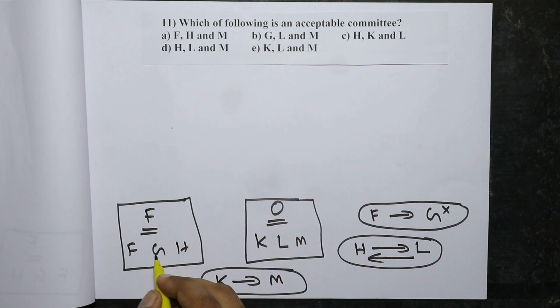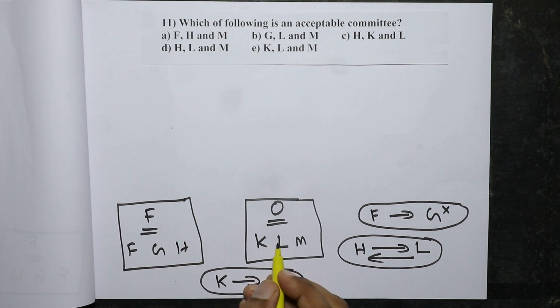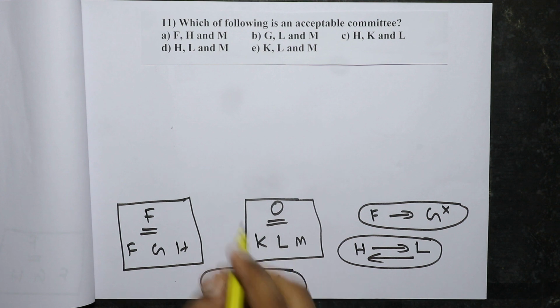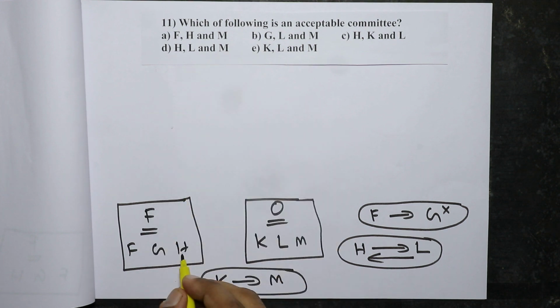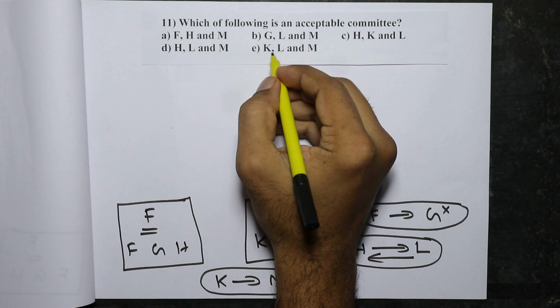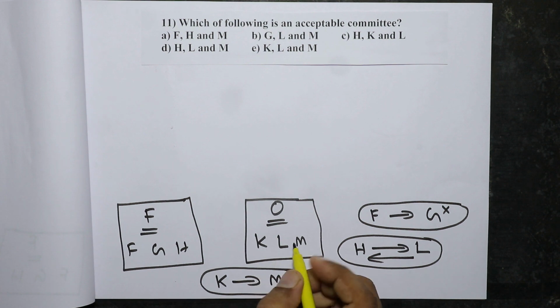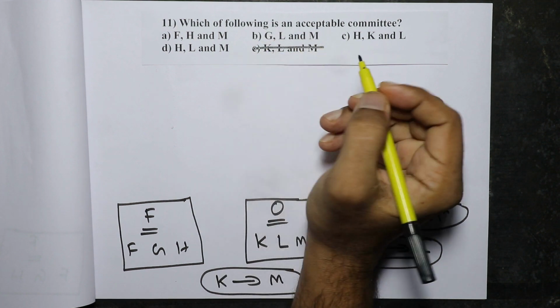G, L and M, that is okay. So both the type of people are there. H, K and L, that is okay. H, L and M, that is okay. K, L and M, all three of them are from operations. That is not allowed. So E can be eliminated.